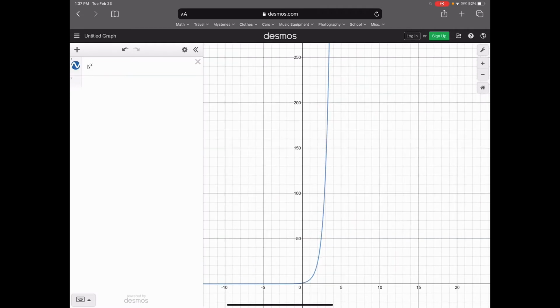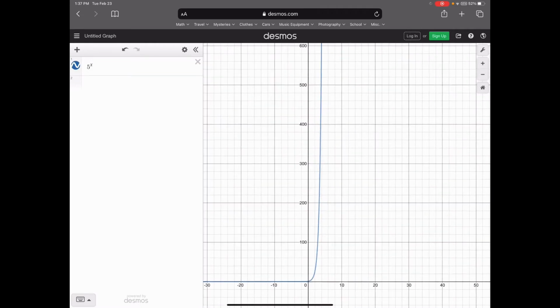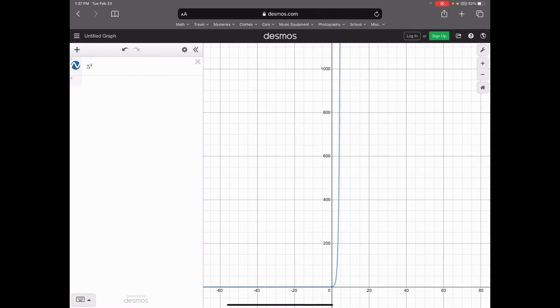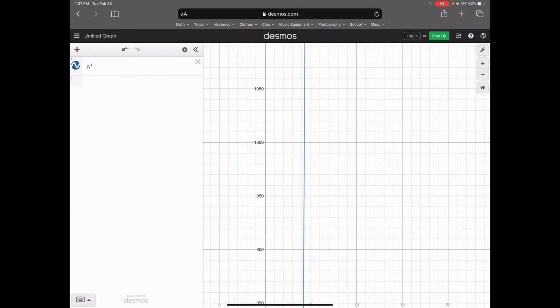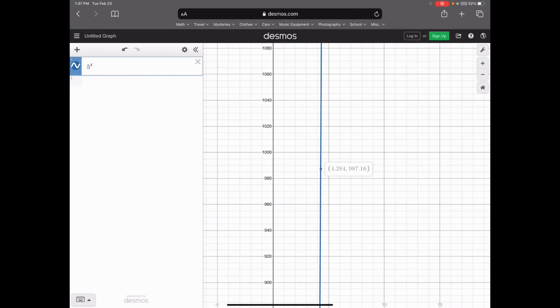So I'm going to move this graph down. Doesn't quite do it there. And I'm just going to see where it gets to 1,000. So here's 1,000. If I go up right there, it tells me that it is at about 4.29. Let's actually go up a little further. There it is. It goes over 1,000. So 4.293.